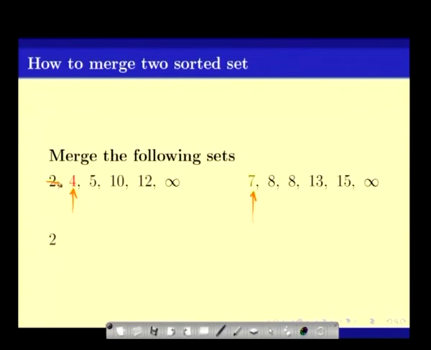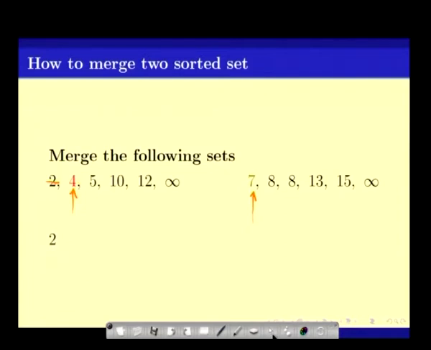We have already taken care of it because we have written it down, and it almost recursively comes down to merging two sets, in this case 4, 5, 10 and 12, and 7, 8, 8, 13 and 15.